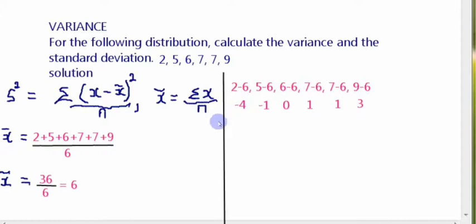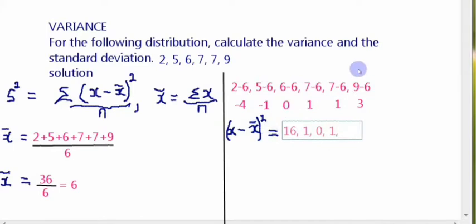So we look at the bracket of x minus x bar squared. We take all these figures one by one and square them. Minus 4 times minus 4 is 16. Minus 1 raised to power 2 is 1. 0 raised to power 2 is 0. 1 raised to power 2 is 1.